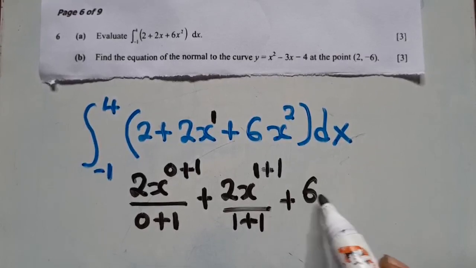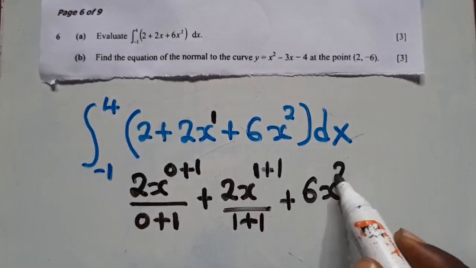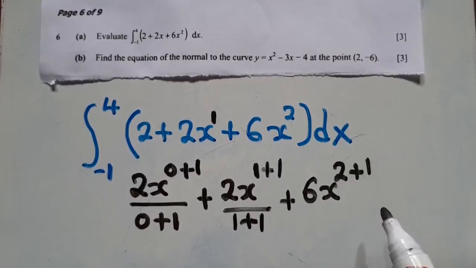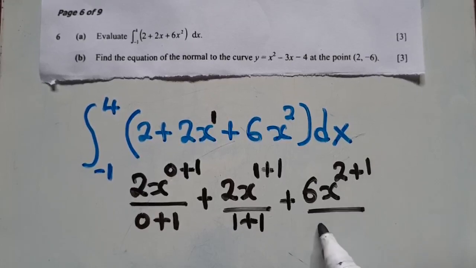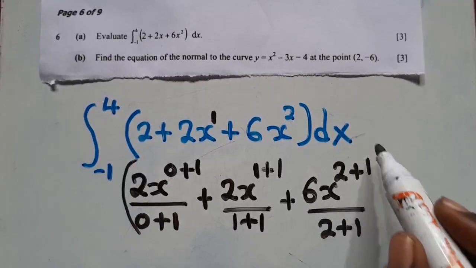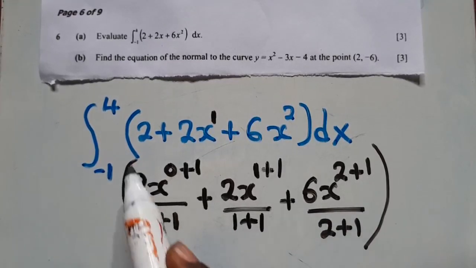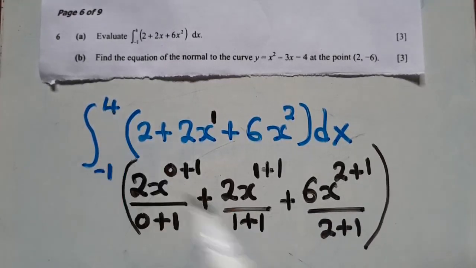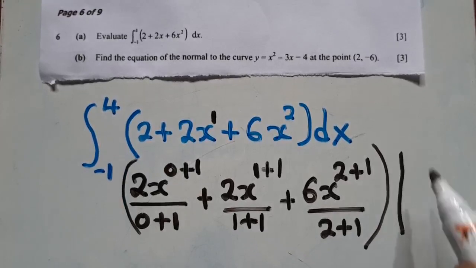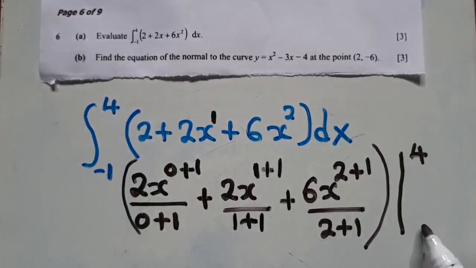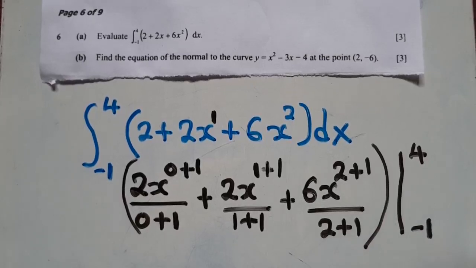Plus, you've got 6x power 2 plus 1, you're just adding 1, then over 2 plus 1. Then you put the limits, are you able to see these limits? The limits come this side, where you've got 4 and -1.